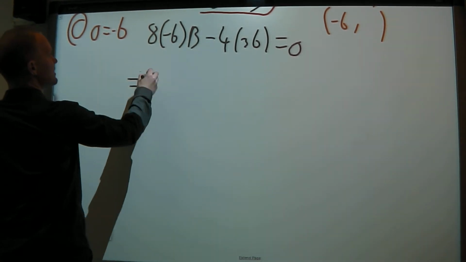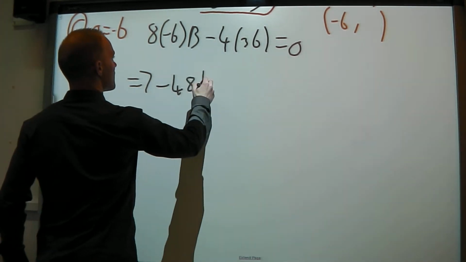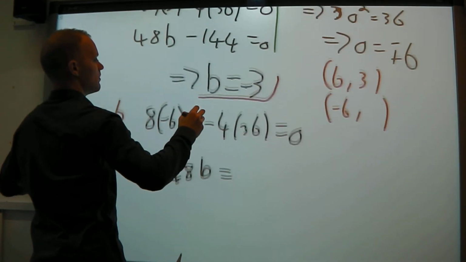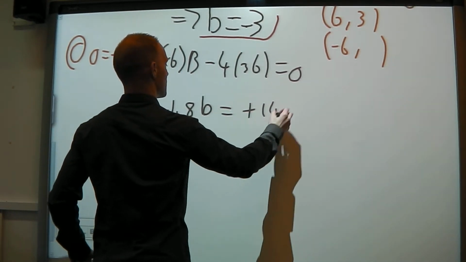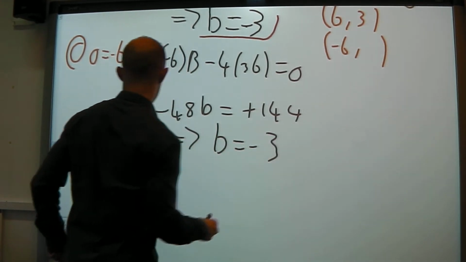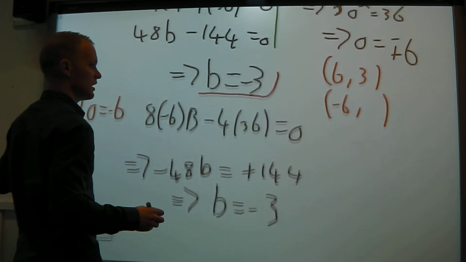And then that implies that negative 48b is equal to 144, and that implies b is equal to negative 3. So we have negative 6 comma negative 3.